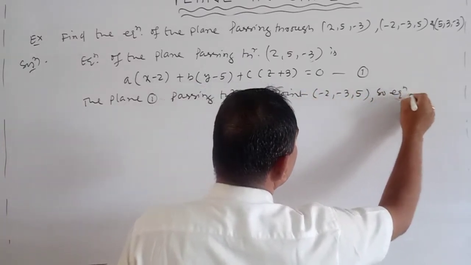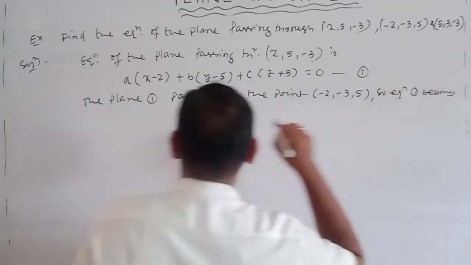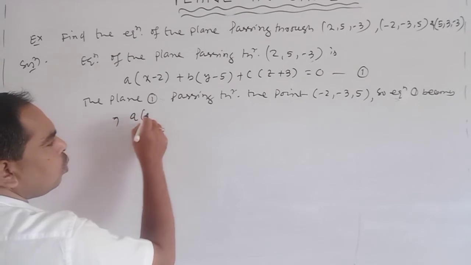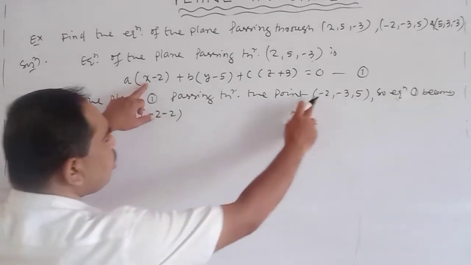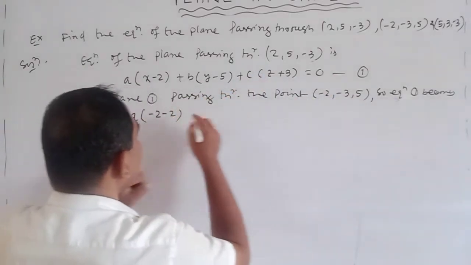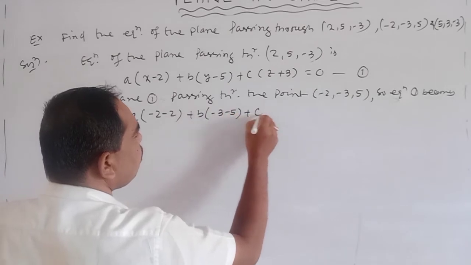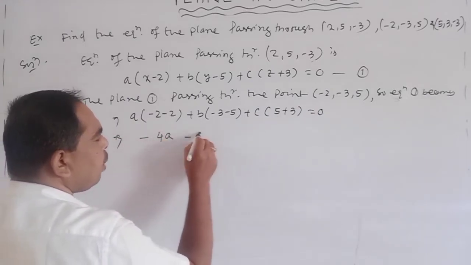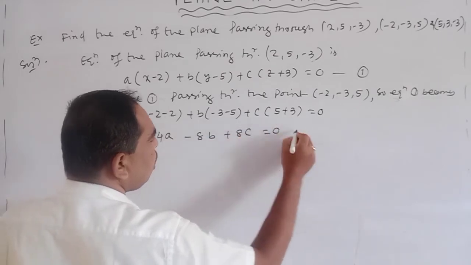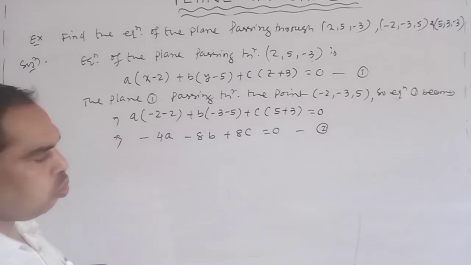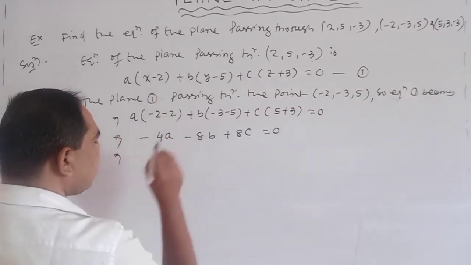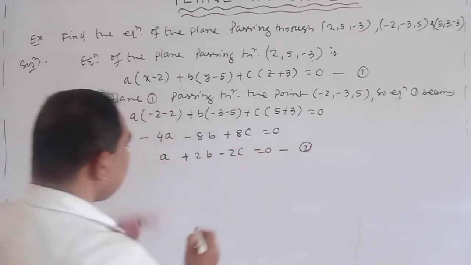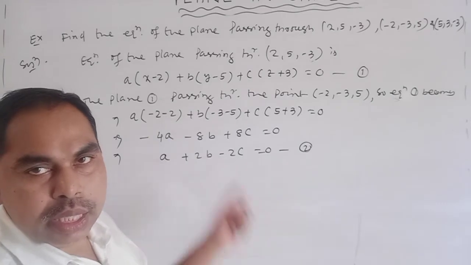So equation 1 becomes, putting x as -2, y as -3, z as 5, a into -2 minus 2, plus b into -3 minus 5, plus c into 5 plus 3 is equal to 0. Simplifying, -4a -8b plus 8c is equal to 0. Equation 2: dividing both sides by -4, we get a plus 2b minus 2c is equal to 0.